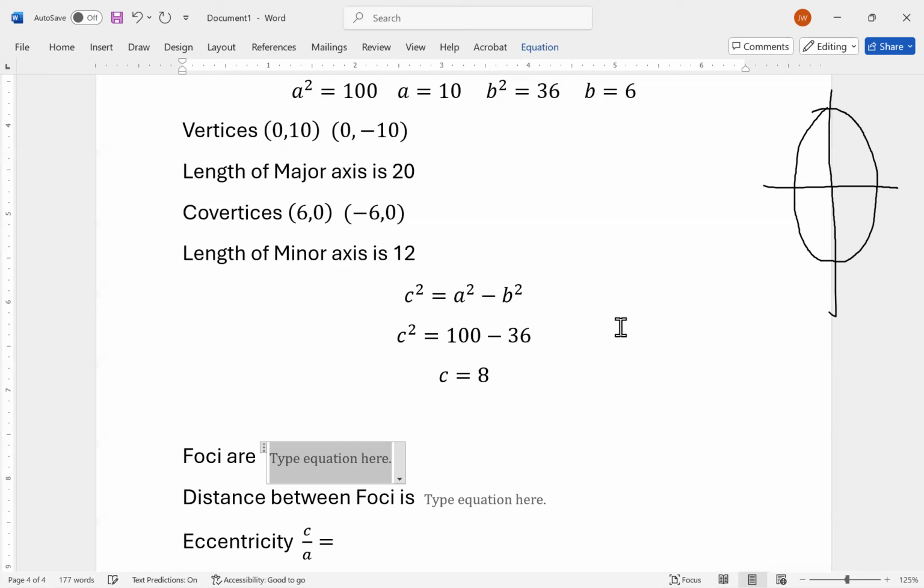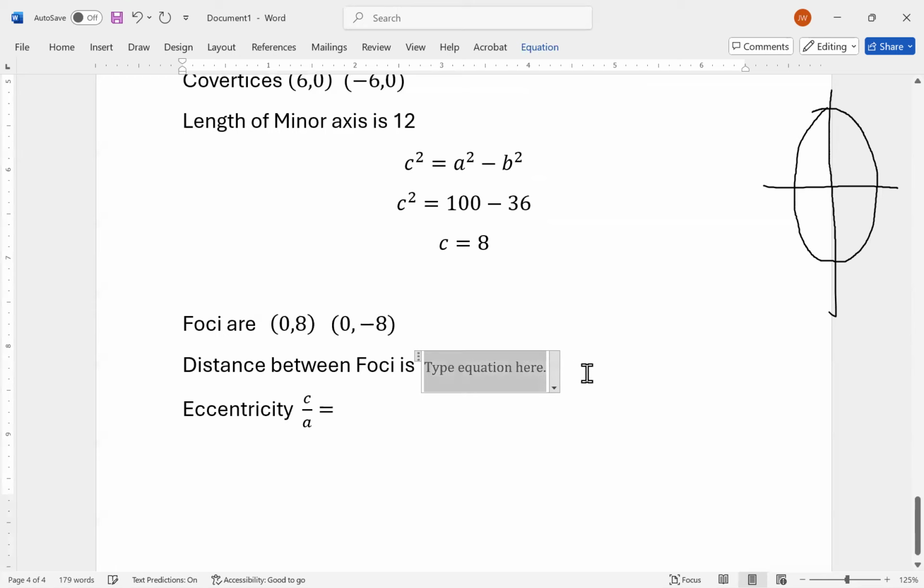Therefore, the foci are at 0, 8, and 0, -8. Notice that I had to go up and down to hit those. And the distance between the foci is 16.